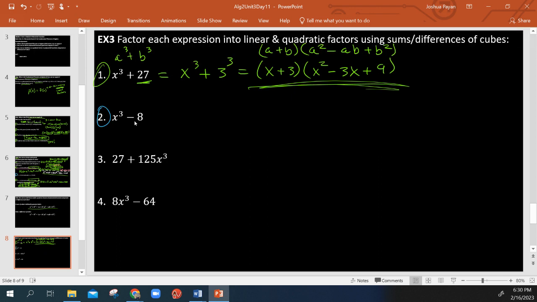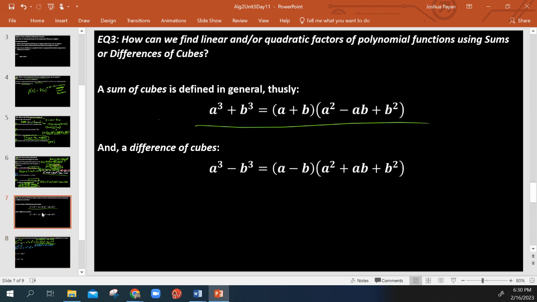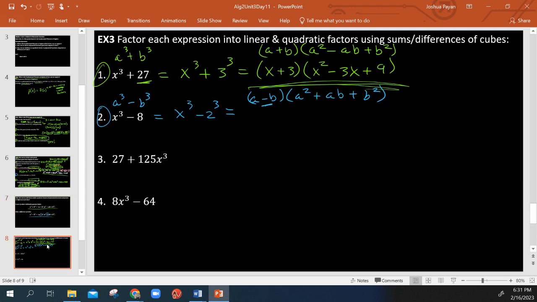So let's do the next one. Here we've got x cubed minus 8, so we have this in the form a cubed minus b cubed. What I mean by that is x to the third minus 2 to the third. So a is x, b is not negative 2, sorry, b is just 2. So I'm going to plug it into a minus b, all of that times a squared plus ab plus b squared. And again, let's make sure I didn't screw that up: minus plus, and we have minus plus.